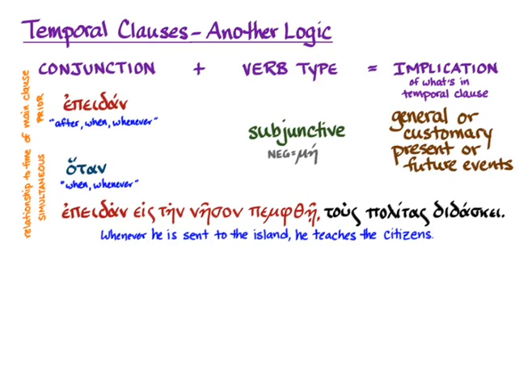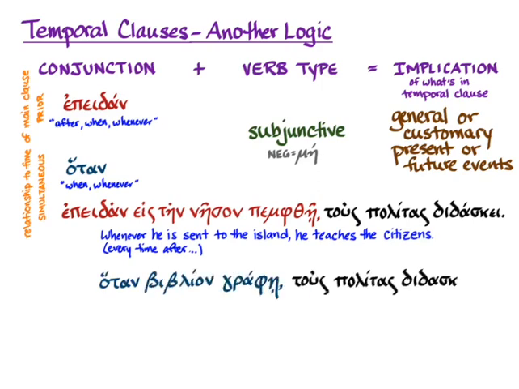Every single time, it's customary, it's generally true in the present. And because it's epeidan, what we're meant to understand is that after he does that, every time after he is sent to the island, he teaches the citizens, which is a little harder to bring out in English, but that's the implication. We can also see the simultaneous action, hotan biblion graphē, tous politas didaskei.